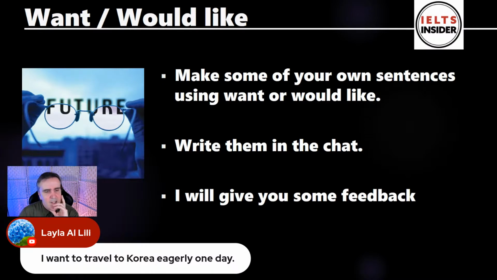So here, if we want to use eagerly, I would take that out and use I am eager to travel to Korea one day. If we want to make that the important thing here, I am eager to. So I would take this one out. But if we have I want to travel to Korea one day, I think that would be fine. Eagerly is kind of confusing the sentence.